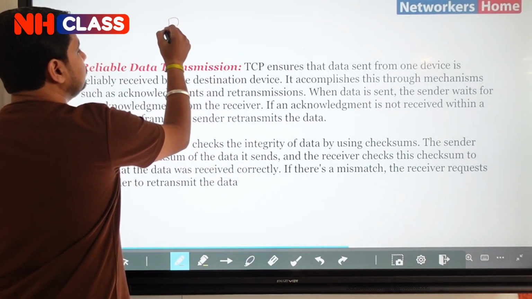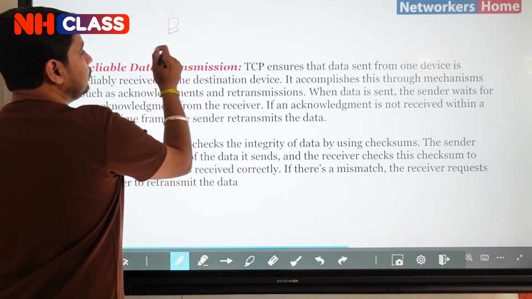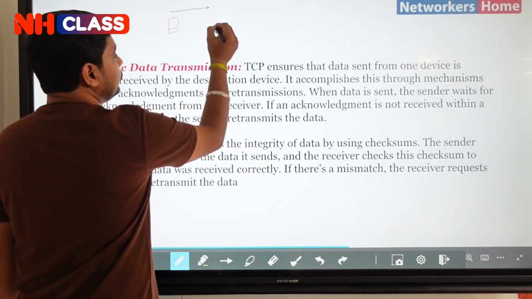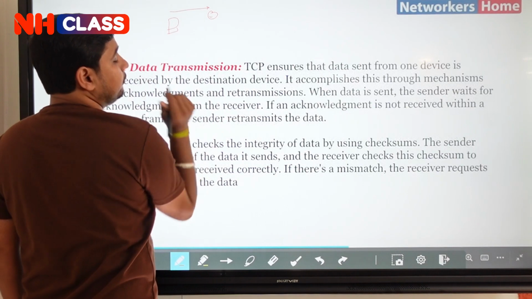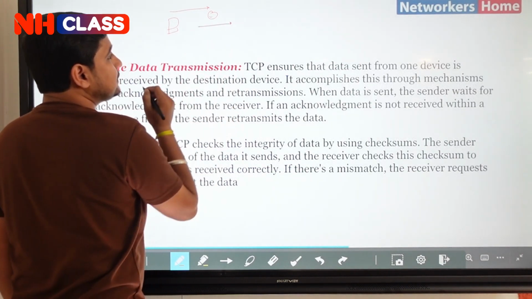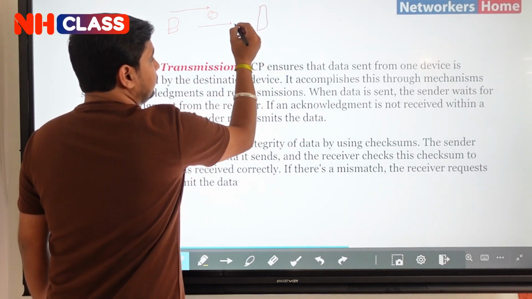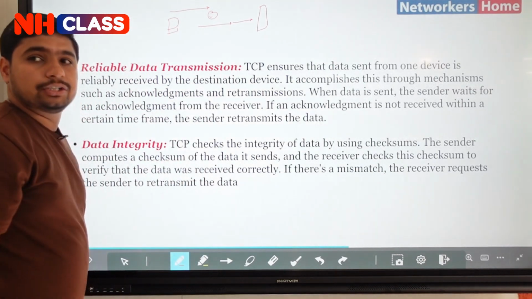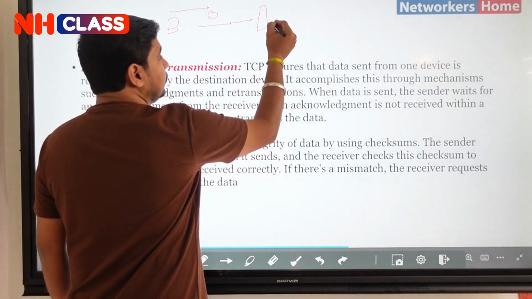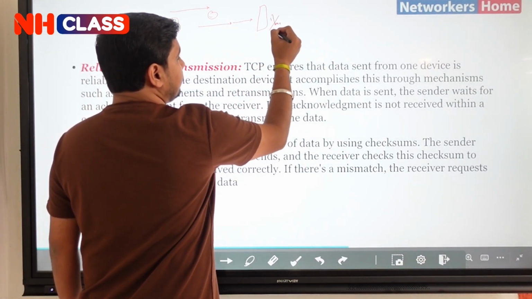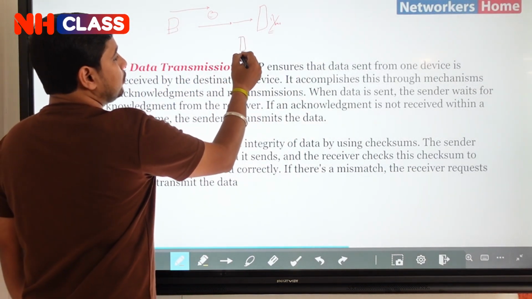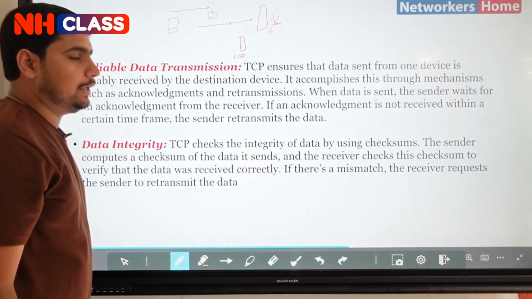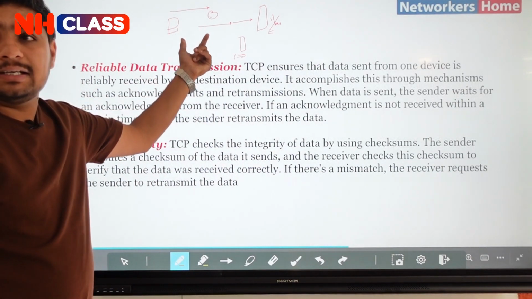In short, this is a parcel you have ordered from Amazon. Amazon is sending it to you, and this is the delivery boy. The delivery boy will carry your parcel and it will finally reach its destination, which is your home. What happens if your parcel has already been opened by the delivery boy?